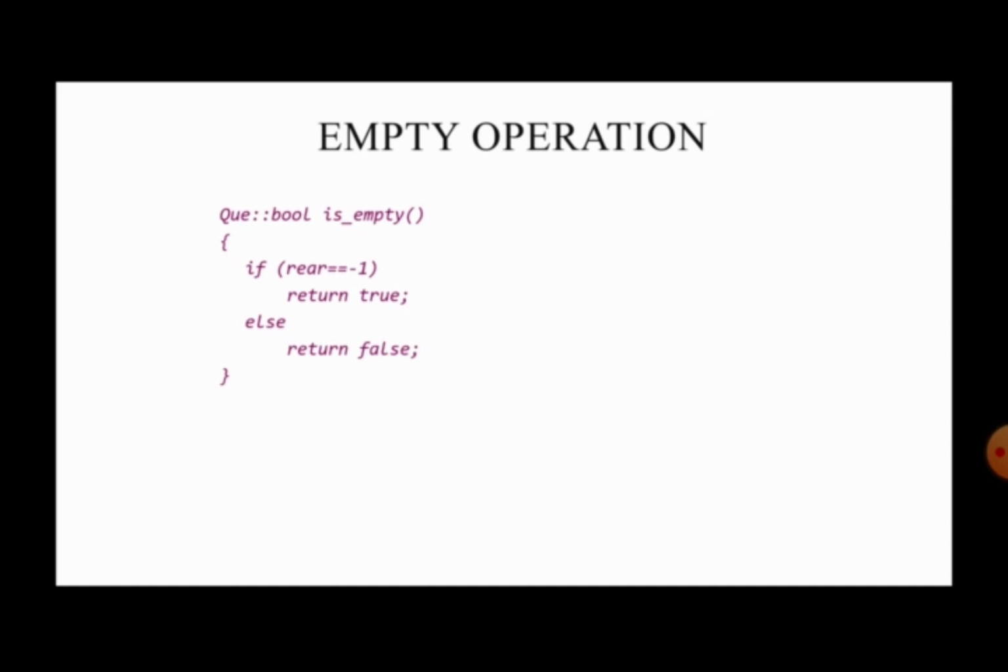If rear is equal to -1, then return true, else return false. As there is no index which is less than 0. In C language, the first index is 0. So if an index is less than 0, that means there is no such index in the array.